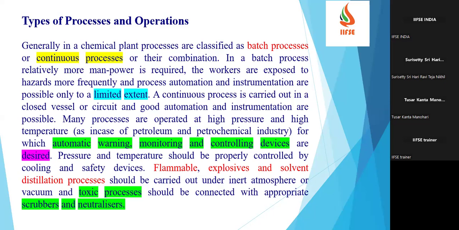The continuous process is carried out in closed vessels and circuits where good automation and instrumentation are possible, and many processes are operated at high pressure and high temperature, as in the case of the petroleum and petrochemical industry, for which automatic warning, monitoring and controlling devices are designed.